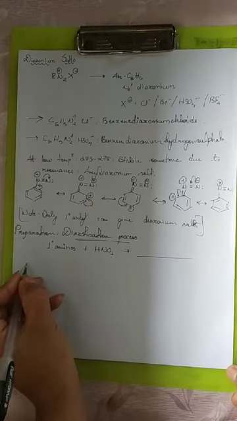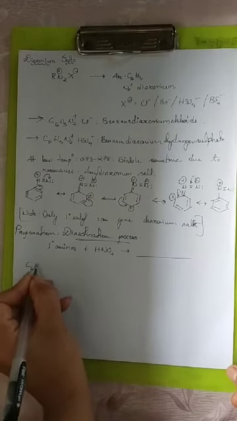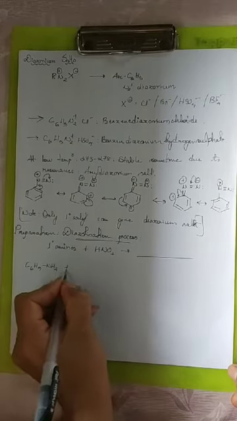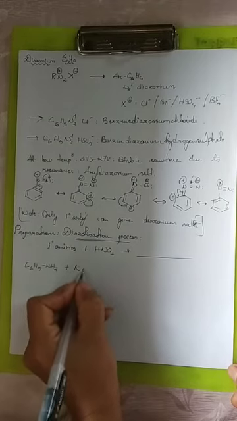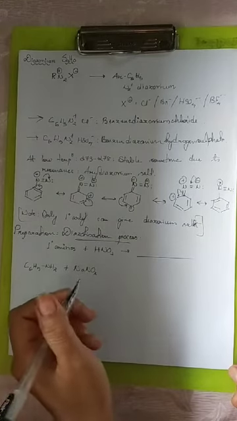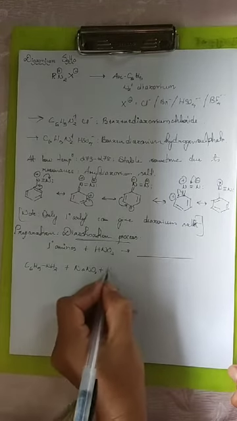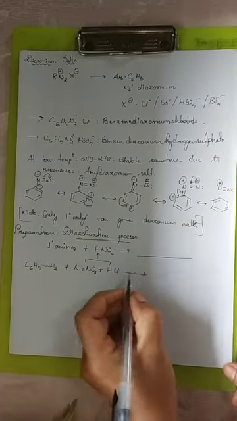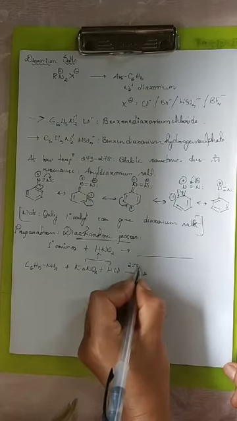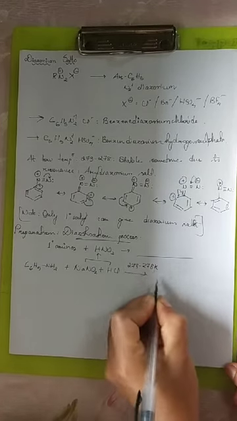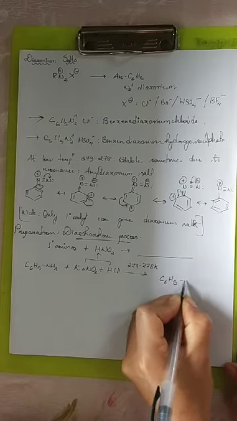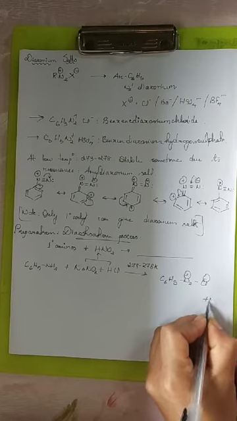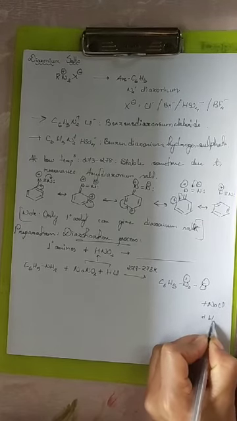Let's check with aniline. Aniline reacts with nitrous acid. Nitrous acid is prepared from NaNO2, since it should be freshly prepared in the solution. Therefore, NaNO2 and HCl should be present in the solution. At 273 to 278 Kelvin, we get C6H5N2 plus Cl minus with the removal of NaCl and H2O.